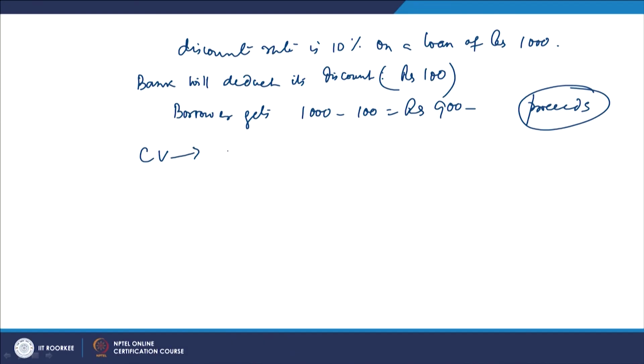So, in this case 1000 is taken as the future value, and you have a current value of 900. So, if you take the discount rate, that is 100 by 1000, that becomes 10%.